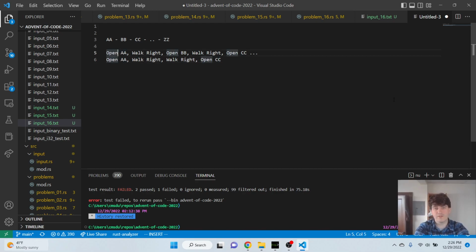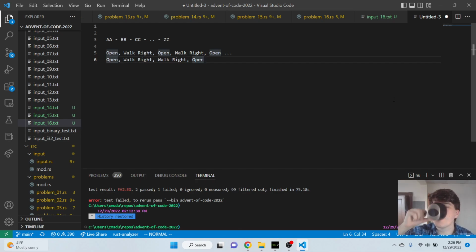So it's really just open, walk. Our options are open, walk right, and walk left, unless there is no left or no right, or it's already open. So that gives us a big tree.